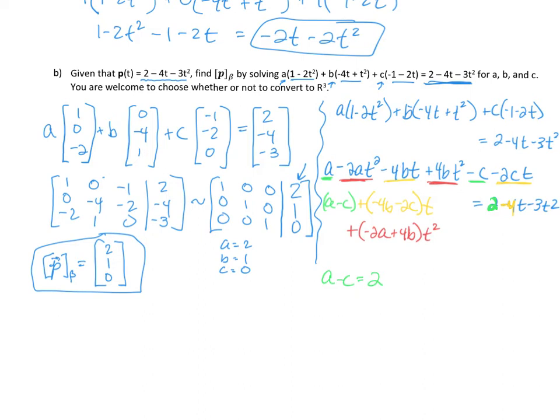So it has to be that negative 4b minus 2c is the same as negative 4. And then we equate the t squared coefficients, and I get negative 2a plus 4b has to equal the coefficient on t squared on the right, which is negative 3. So now I have 3 equations with 3 unknowns, and I can set up an augmented matrix.